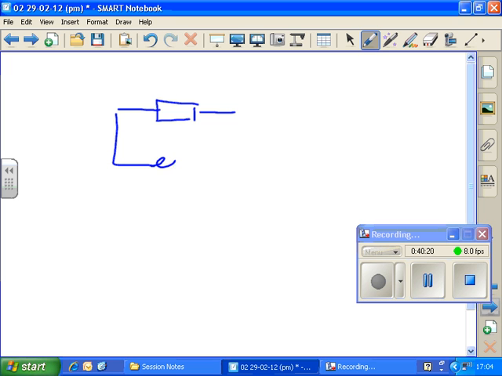A 3 ohm resistor in parallel with a 4 Henry inductor. What do you think you'd get?